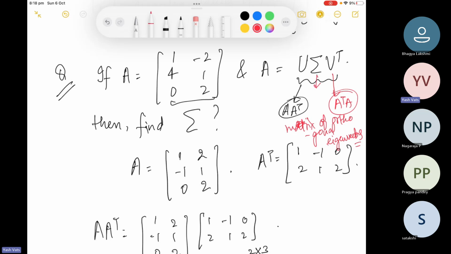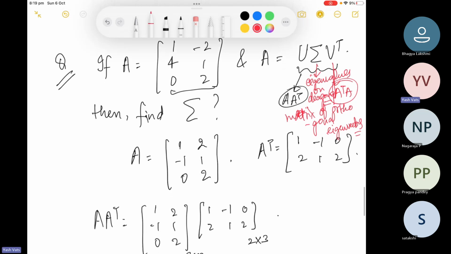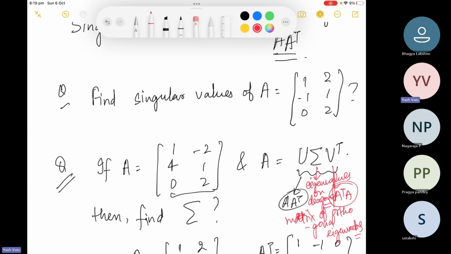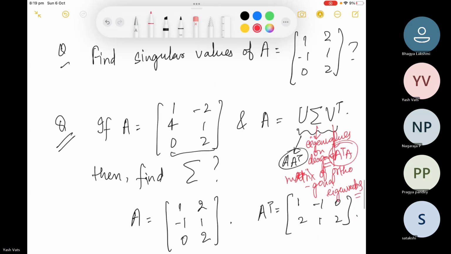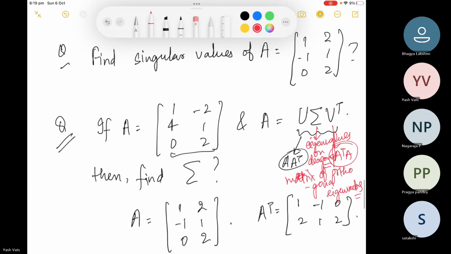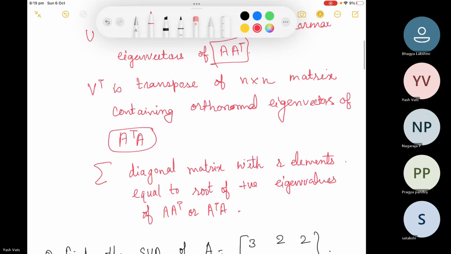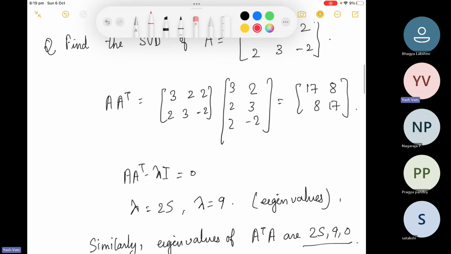And sigma is just diagonal, meaning the eigenvalues on the diagonal. So what is sigma in that case? Sigma is the positive eigenvalues of A A transpose or A transpose A. You can find that out.